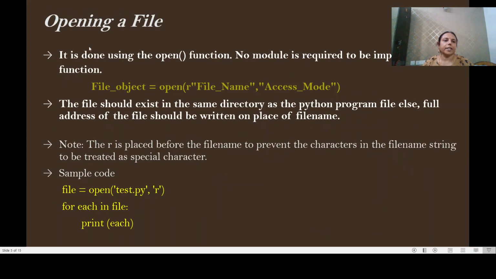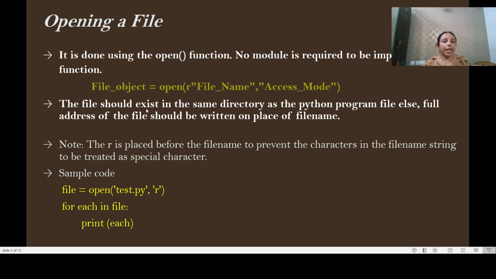So now let us discuss how you open a file. For opening a file, we'll be using the function open. Now how do you write that open? You need to give the file name and the access mode. Tell which file you are going to open and in what mode, whether you are going to read, write or append.